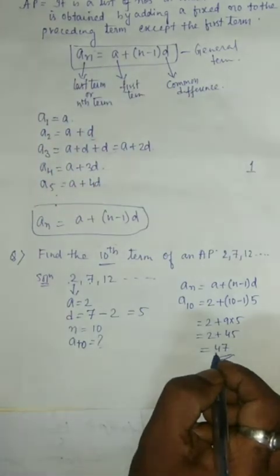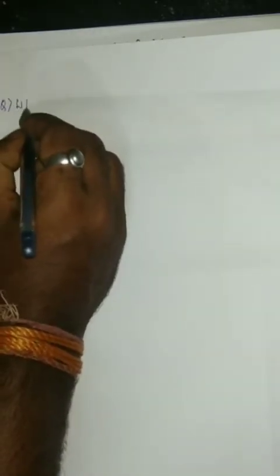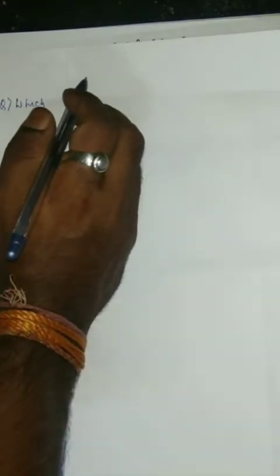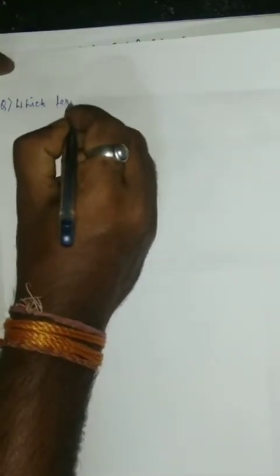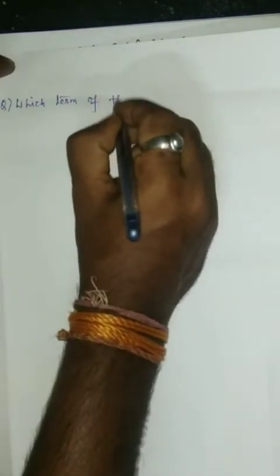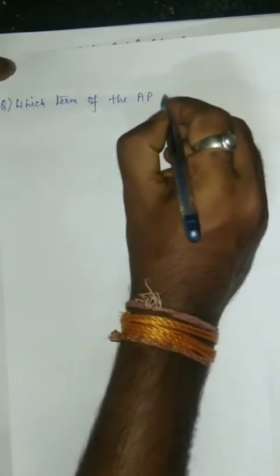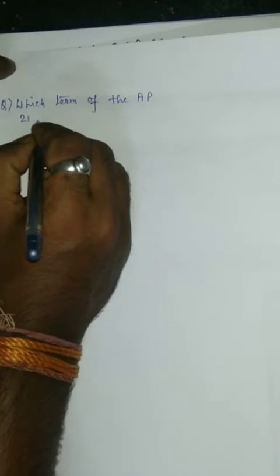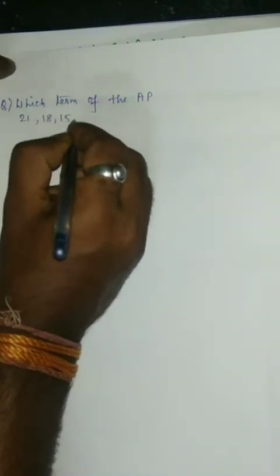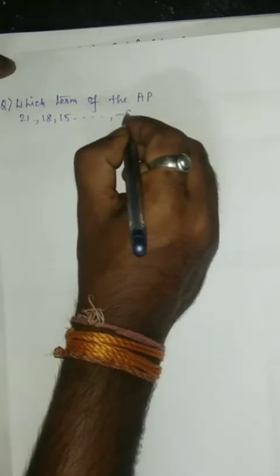Now let me do one more problem. My question is, which term of the AP 21, 18, 15, dot dot dot, minus 81?